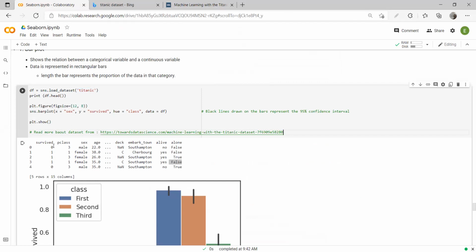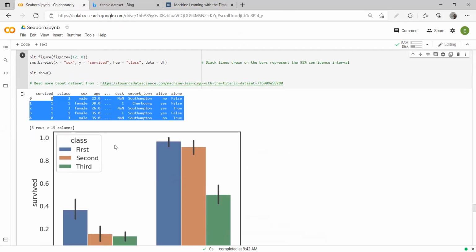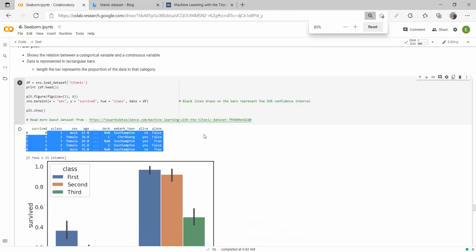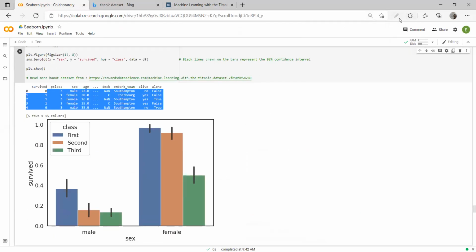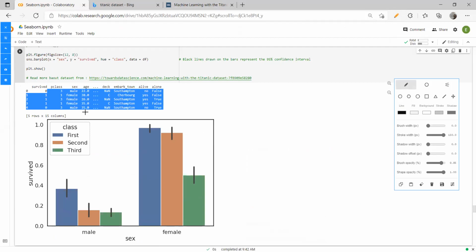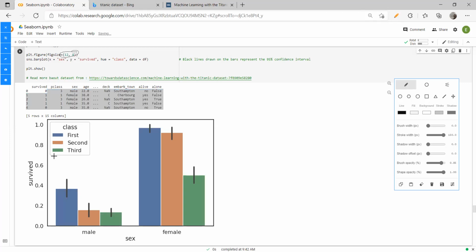So this is the data set that is loaded over here, and we are plotting something, right? Let's try to understand what it is doing. So figsize 12 and 8 is basically deciding how big the figure we want, how big the graph we want.